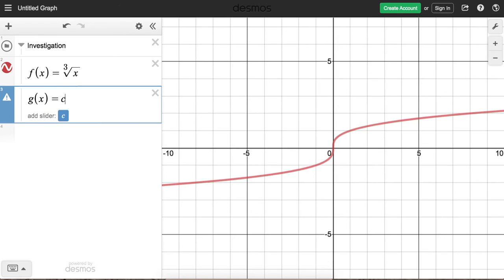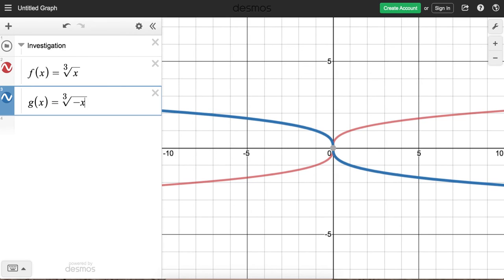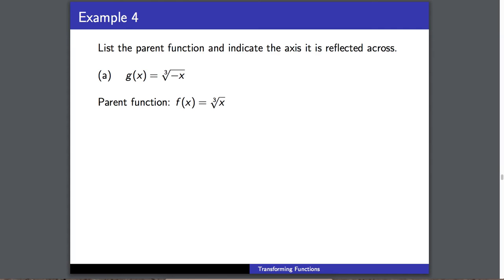And what actually happens is it is a reflection across the y-axis, because our negative is inside the function.